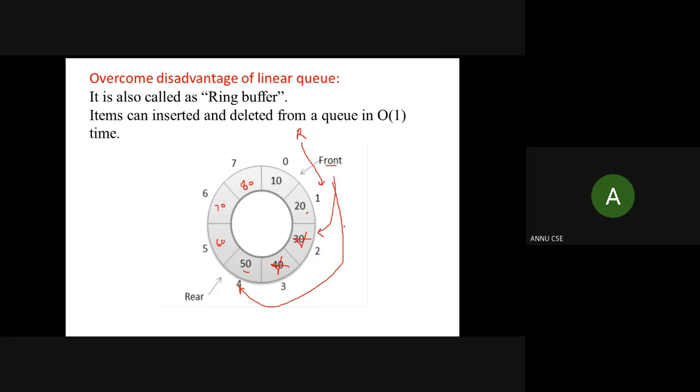Okay, so you need to be more specific about the overflow condition. You cannot say that when the front is greater than rear the overflow arises. No, not all the time. So a specific condition should be derived: when rear is pointing to just before the front, it means overflow is there.